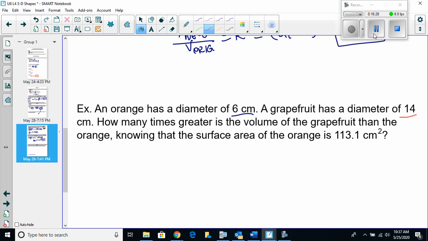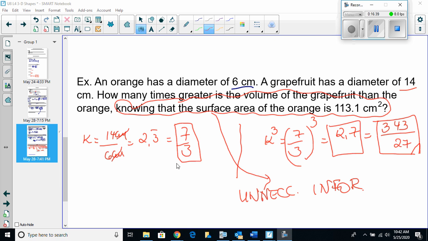Pause the video, and I will just show you the work here, but you can go through the logic on your own. You can see the note that I have posted here, that this is unnecessary information. You don't need to know this, only if they're asking you for the area.